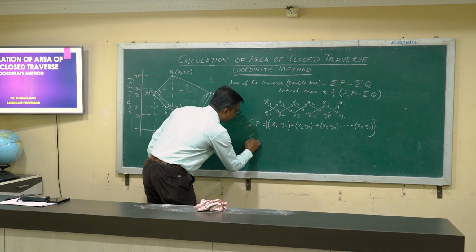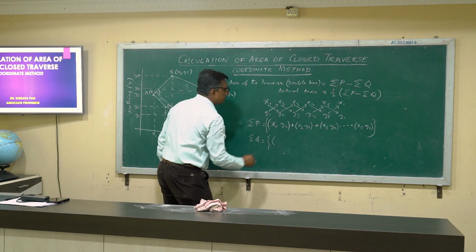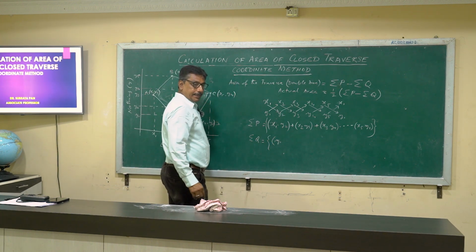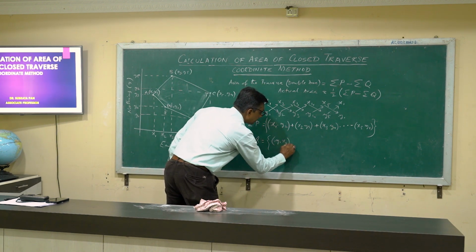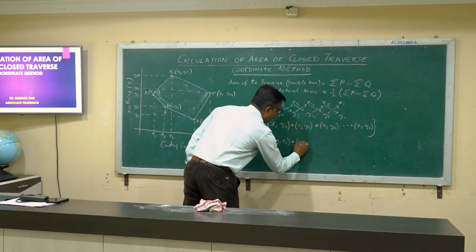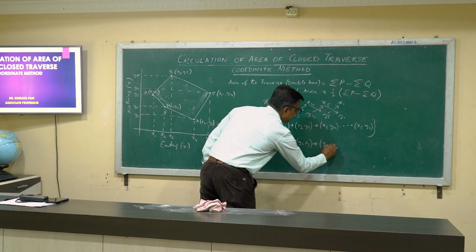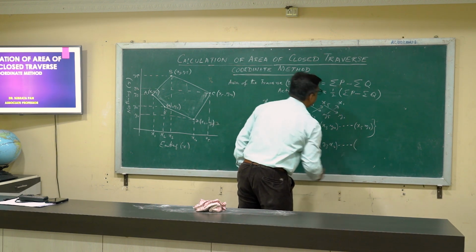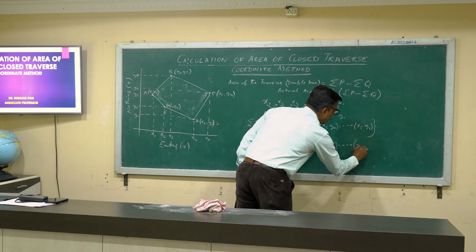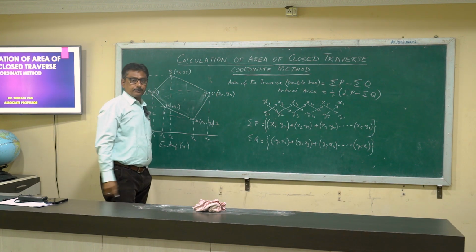Now summation q, what is summation q? Summation q will be second bracket open, then it will start definitely from y. So y1 x2 plus y2 x3 plus y3 x4, and whatever be the number of points, finally we have to multiply y5 and x1, then finally second bracket close.